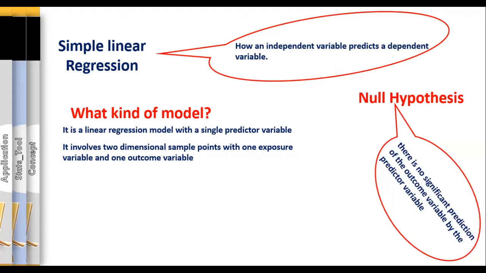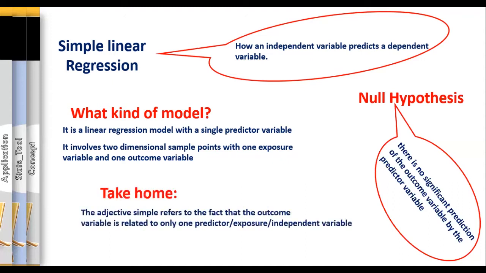One take home is that the adjective simple added to simple linear regression refers to the fact that the outcome variable is related to only one predictor, exposure, or independent variable.